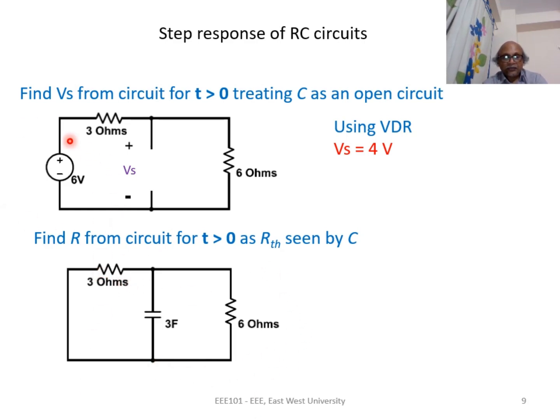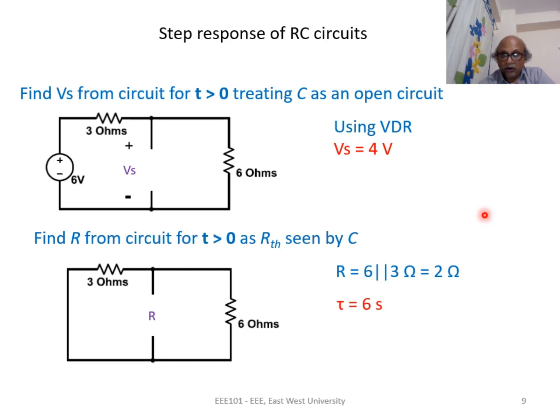Note that we have deactivated the 6 volt source because we are going to apply case 1 to find RTh. The capacitance is removed and R is obtained between these two nodes. 6 ohms and 3 ohms are in parallel, so R is equal to 2 ohms. So tau is RC, so that gives us tau is equal to 6 seconds.